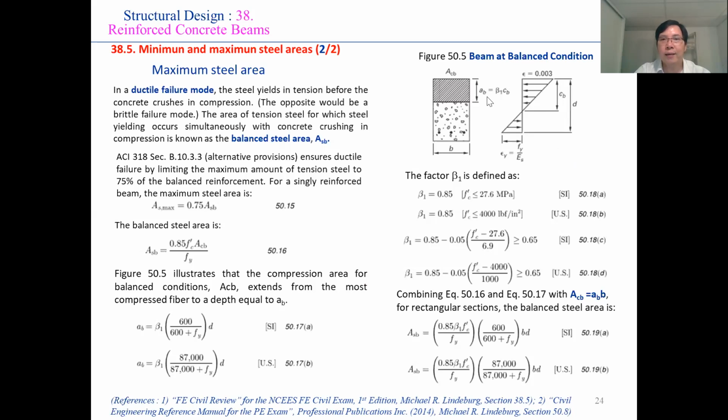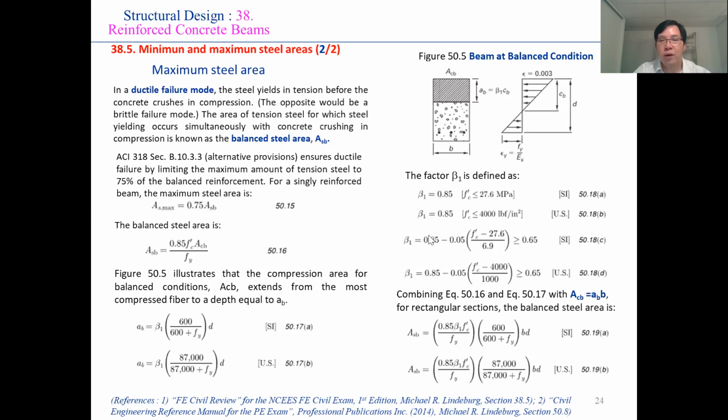You can see that the upper zone is the compressive zone of the section of the beam, and the lower part of this section is the tensile zone of the section. And here is the strain diagram, the strain in the steel and the strain in the concrete.